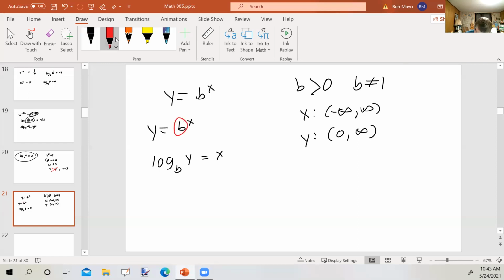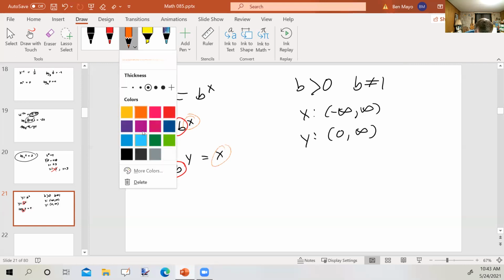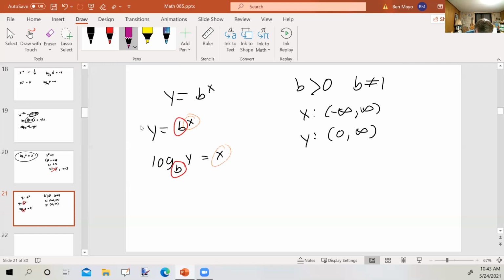This base is that same number there. This x is that same number there, and let's see, let's go with purple. And this y is that same number there.